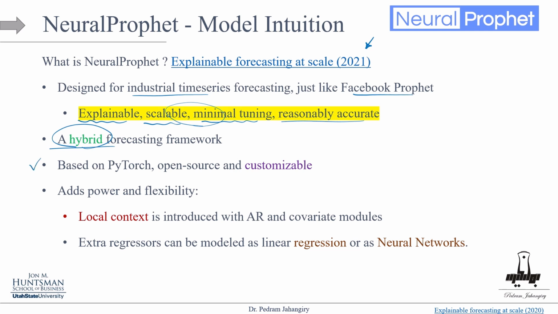And this is important: NeuralProphet is based on PyTorch. It's open source and customizable. This is a big deal because with PyTorch, your model can be updated with the latest innovations in deep learning.